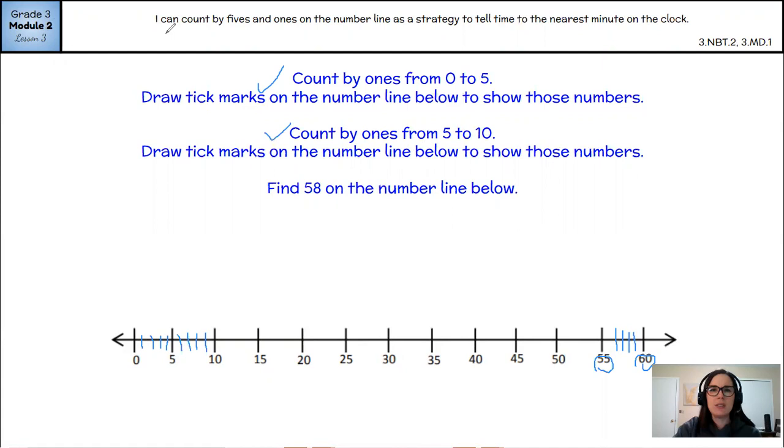So let's use a star to mark 58. There it is. So I'm seeing that there are dashes in between these increments, just like on the clock. Every time we see a number, there's still single minutes between those numbers. That's how the number line relates to the clock.